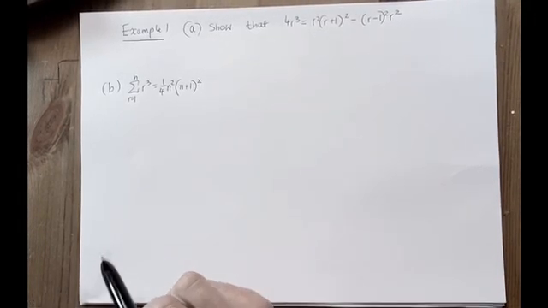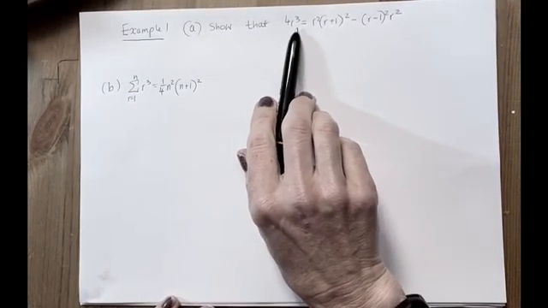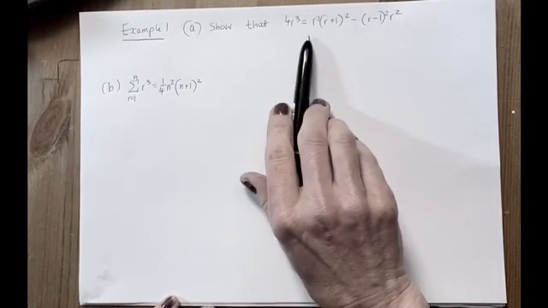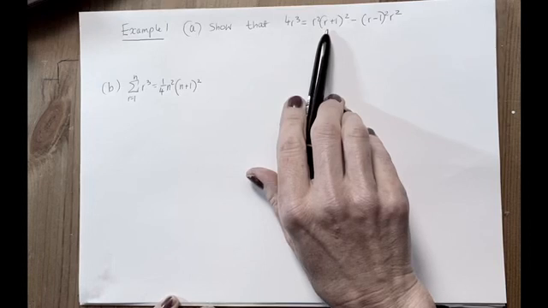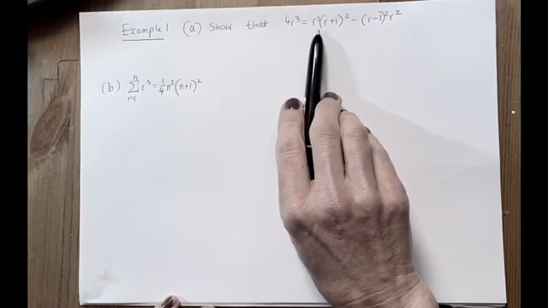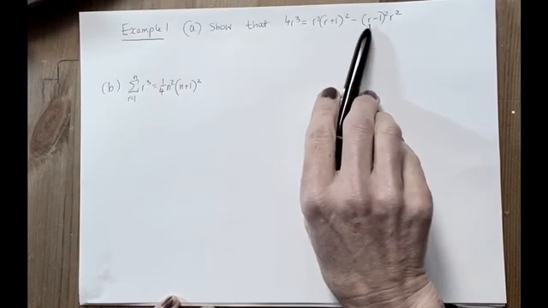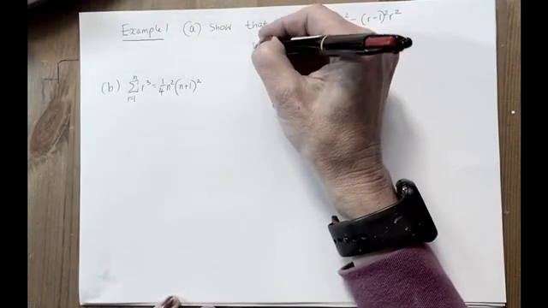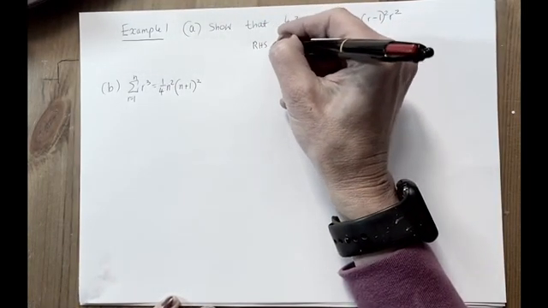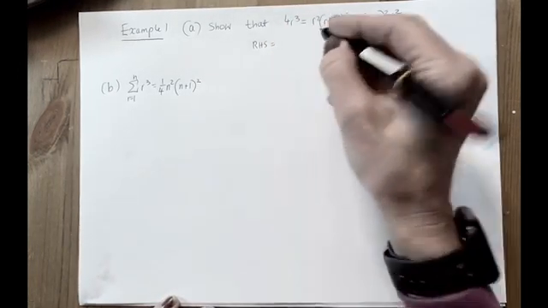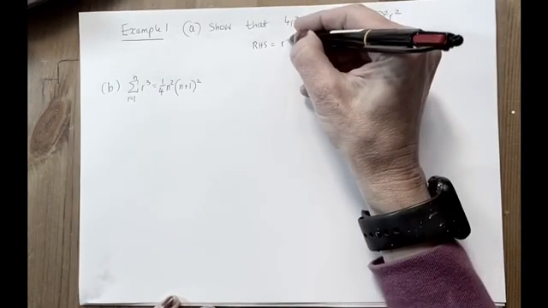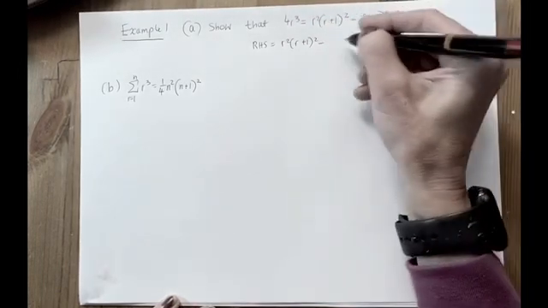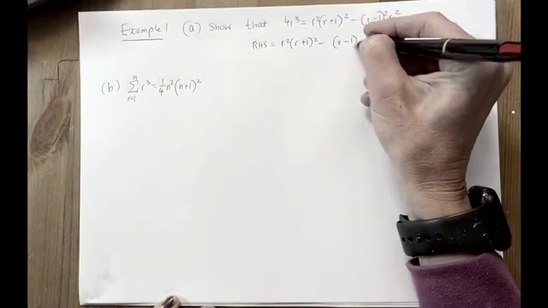Beginning example 1, we've got to show that 4r cubed is equivalent to the right hand side. So it's just algebraic manipulation. It's always a good idea to start with the side that you can do something to, so we're going to start with the right hand side. On the right hand side we've got r squared. I always rewrite it as it appears and then manipulate it.